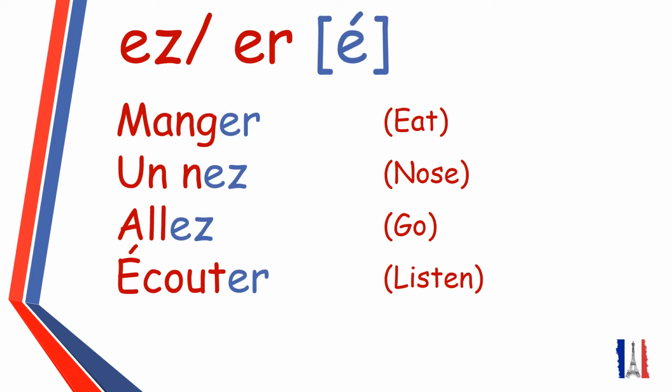So keeping the same sound in your mind. Now there are other ways as well to say the same sound. For example, if the word is ending in EZ or ER, if at the end of a word or a verb there are these letters EZ or ER, their sound would be é.